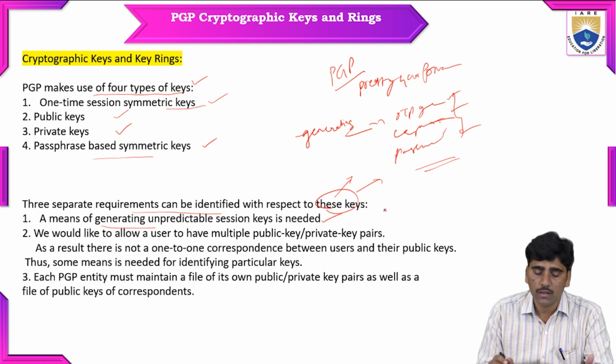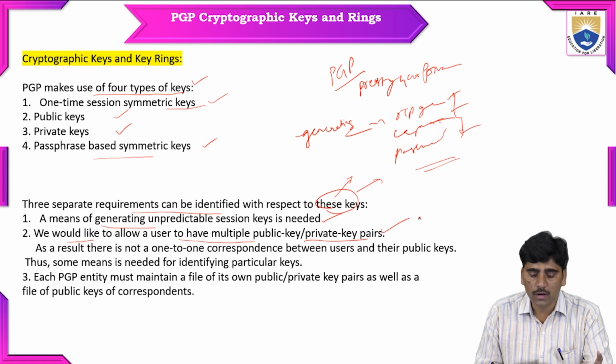The second one is that we would like to allow a user to have multiple public key or private key pairs. That is, the user is enabled with multiple public keys and private key pairs.